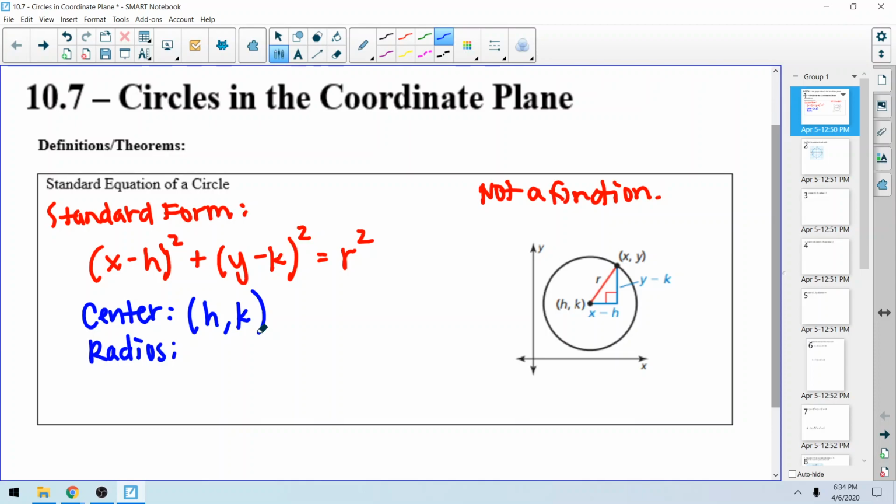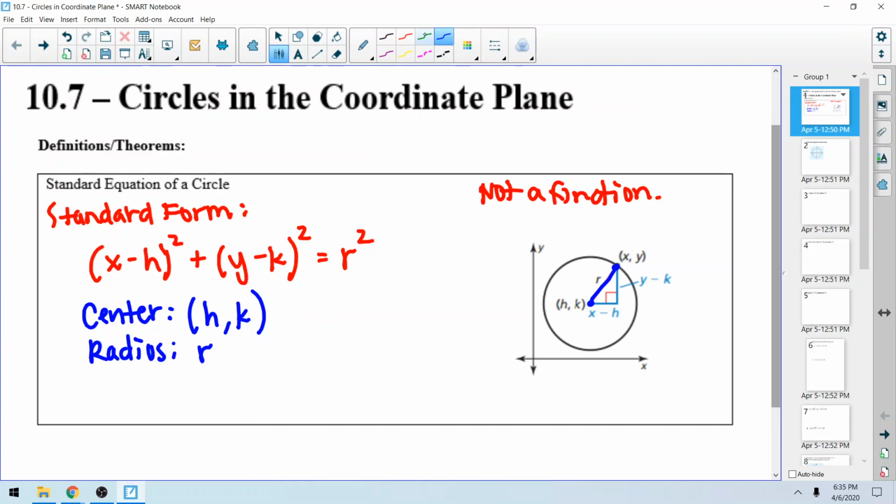And in your equation it's minus k, but the center is really at positive k. We're going to go over that a lot. And then the radius is just r. Okay, keep in mind in your equation it's r squared, but the radius is really just r. And you can go look at your picture over there. Your center is at h, k. Your radius goes out r, and then from there you can kind of swing that around and make your circle.